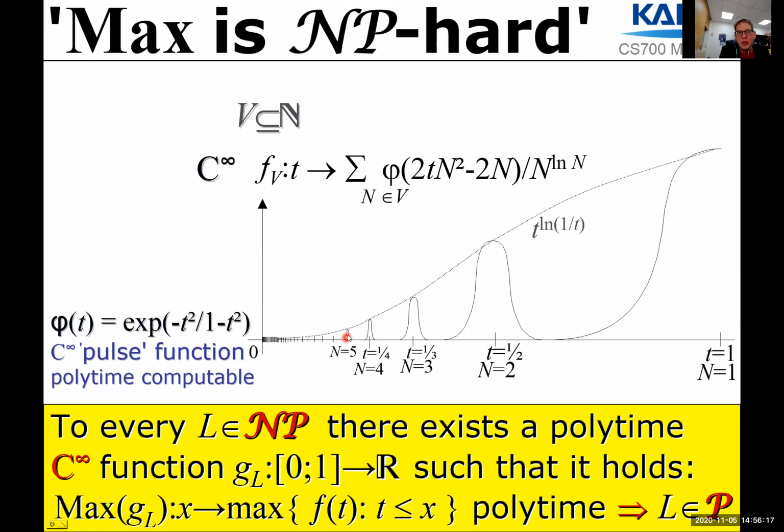So one subroutine computes this pulse function, and our algorithm just needs to determine how to scale the pulse that is present at the current position. And this can be done in polynomial time.